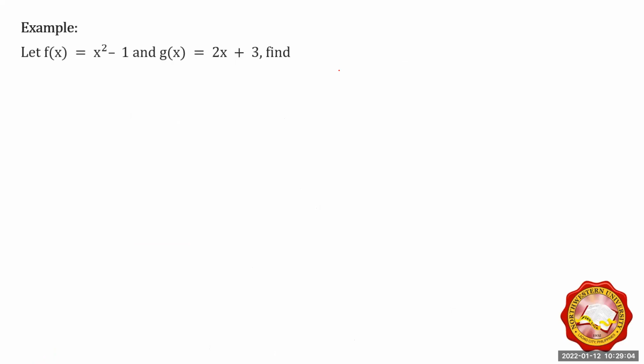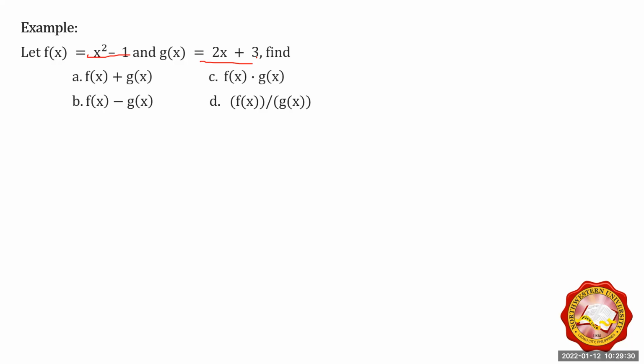So for example, you have these two functions, which is x squared minus 1 and 2x plus 3. Now, if you say f of x plus g of x, of course, what you're just going to do is to simply add these two functions.